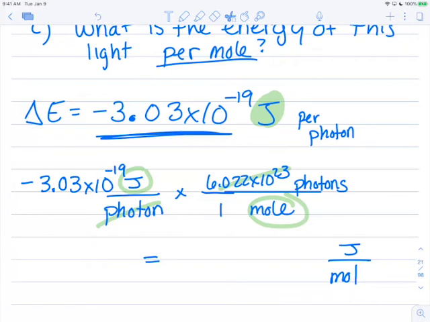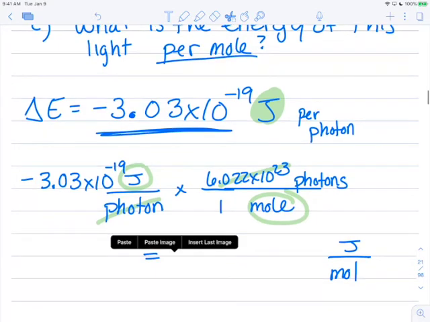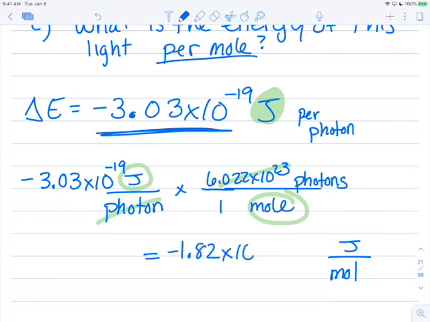All right, so I'm seeing a negative 1.82 times 10 to the 5th. Anybody else get a similar or different answer? All right, so it looks like we're getting lots of those answers. Excellent. Any questions on how we can convert between joules per photon and joules per mole?